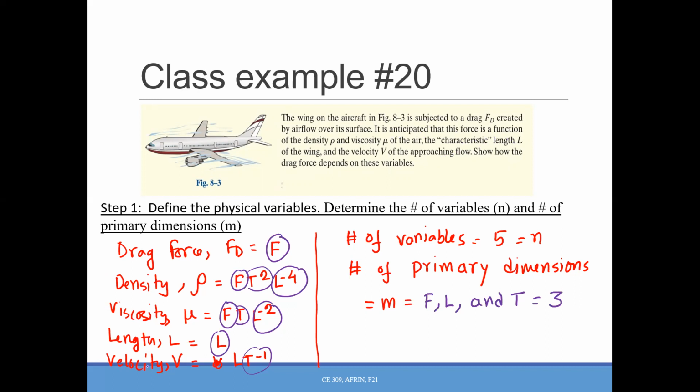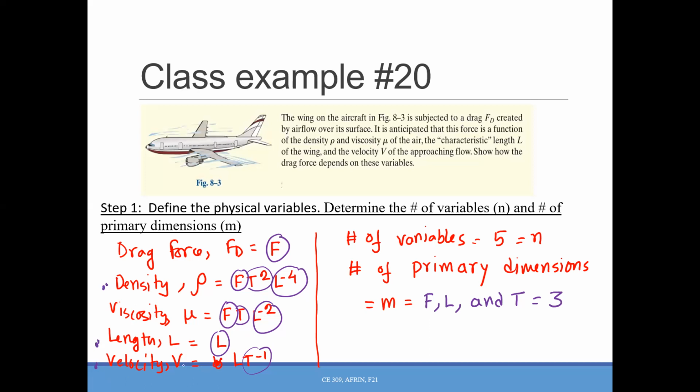Out of these four, we can choose any three so that we will have F, L, T altogether. For this problem, I will choose rho, L, and V. I could choose in another way also, like rho, viscosity, length, or viscosity, length, velocity. In any combination, I will have F, L, T, but I will just choose these three.